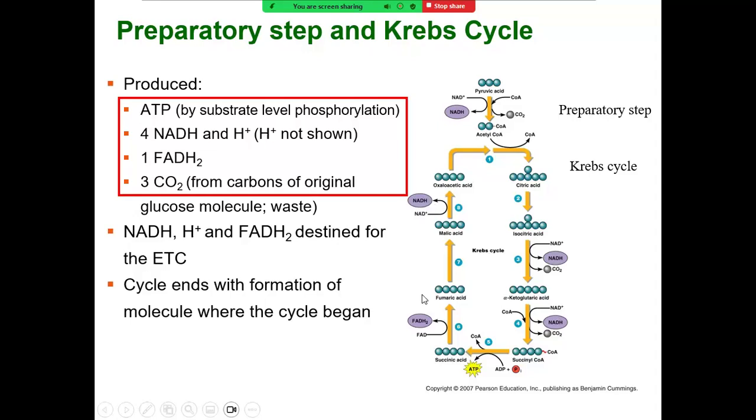And then you generate one FADH2 molecule right here. And then you generate 3 CO2 from one pyruvic acid. There's one CO2 here in the preparatory step, one here in the Krebs cycle, and one there in the Krebs cycle. So all of the carbon from pyruvic acid is converted into CO2.